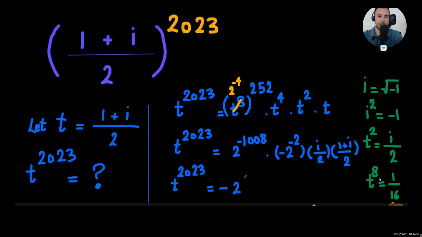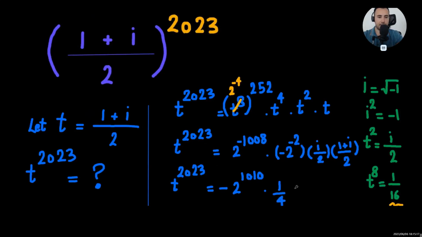Now remember, this is the negative. This negative is right over here. We're going to add these powers together. And first, the numbers, like the denominators, is going to be 1 over 4. And then the i is i multiplied by 1 plus i.